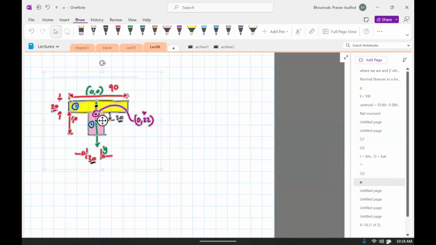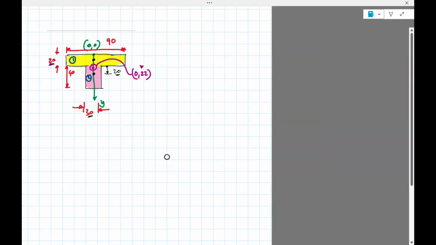Yeah, that's for the reference. Let's call this point as G. I need to compute I for G. So second is compute I.